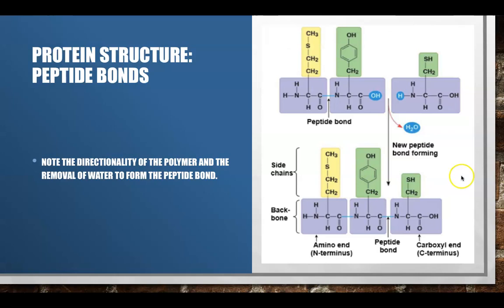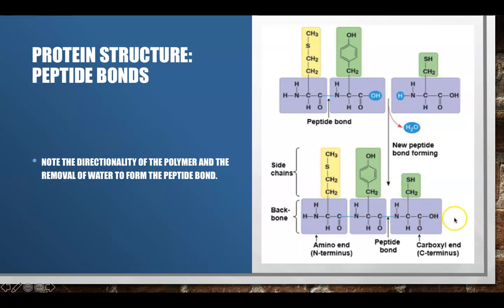So here you can see where an amino acid is going to form a bond with another amino acid, where the water is removed because this is a dehydration synthesis, and then this carbon is going to form a bond with this nitrogen. If you notice, whenever you have an amino acid, you're going to have an amine group on one end and a carboxyl group on the other end. So you have what's called an N terminus and a C terminus.